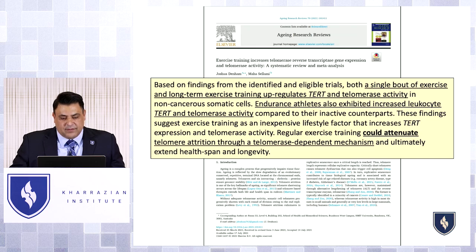Endurance athletes also exhibited increased leukocyte TRT and telomerase activity compared to their inactive counterparts. These findings suggest exercise training is an inexpensive lifestyle factor that could increase TRT expression and telomerase activity. Exercise could attenuate, slow down, telomere attrition through telomerase-dependent mechanisms, ultimately extending health span and longevity.